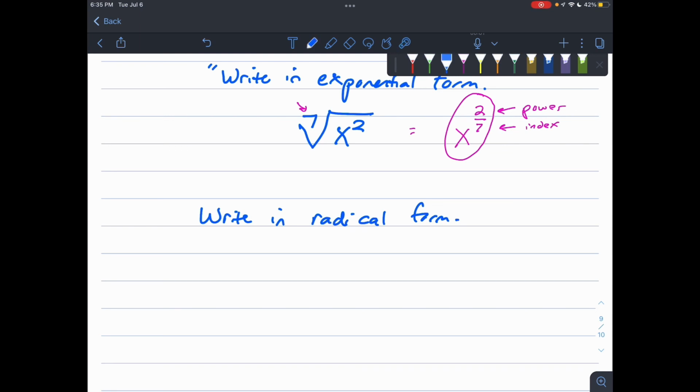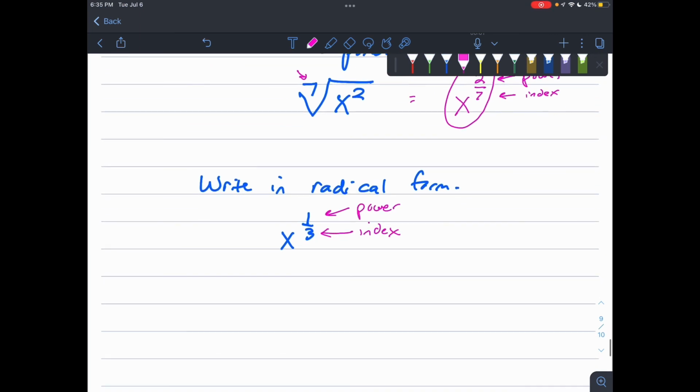So if we've got something like x to the 1/3, keep in mind that's the index and that's the power. So the index goes in that little nook. We're going to have x to the first. And generally, anytime you've got x to the first, we're just going to write x.